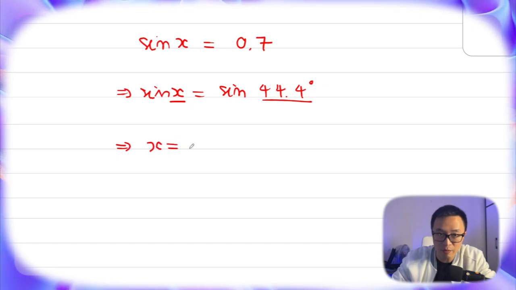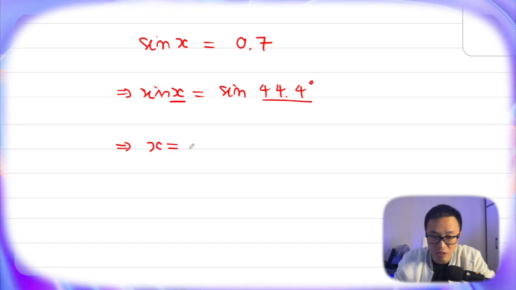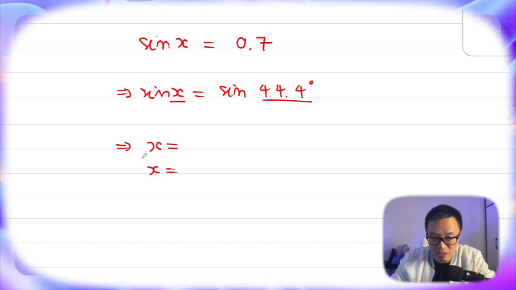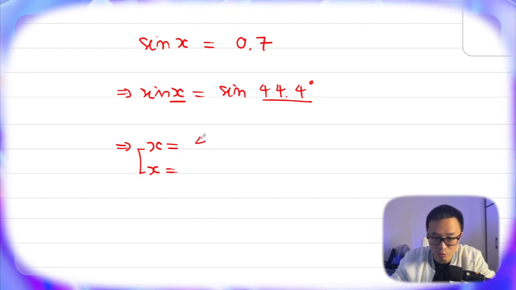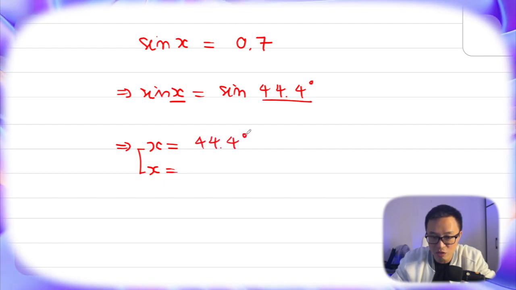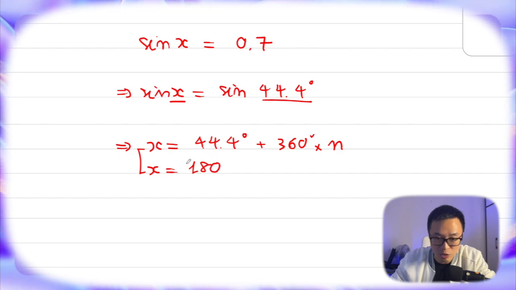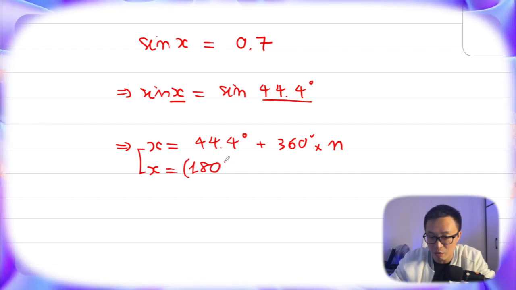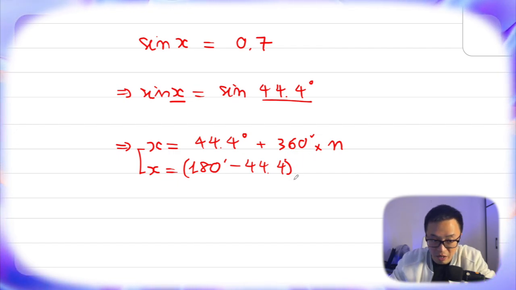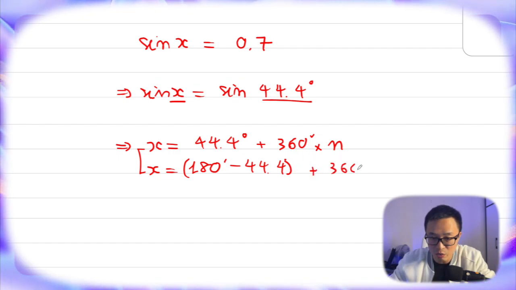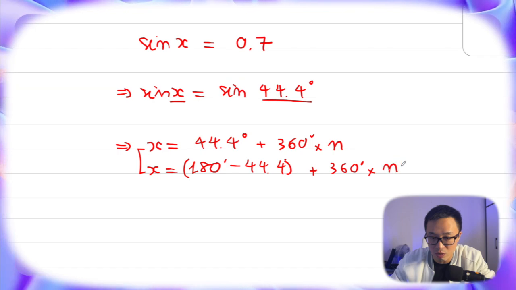And now convert this into two equations for x, the first x and the second x. The first x means we keep the original angle unchanged: 44.4 degrees plus 360 degrees multiplied by n. And for the second one you need to use 180 degrees minus the original angle, and then plus 360 degrees multiplied by n.